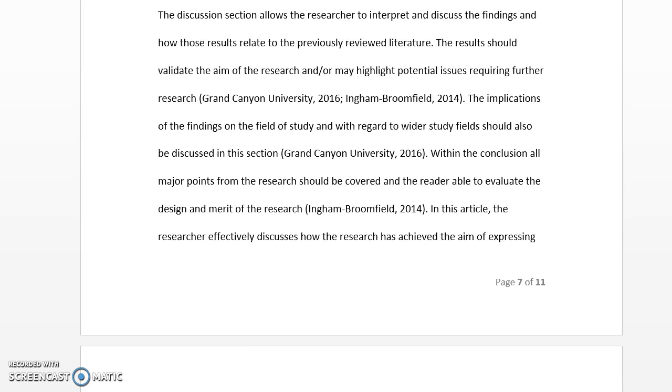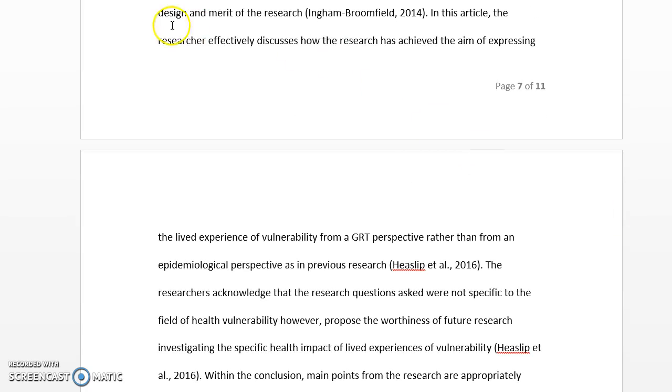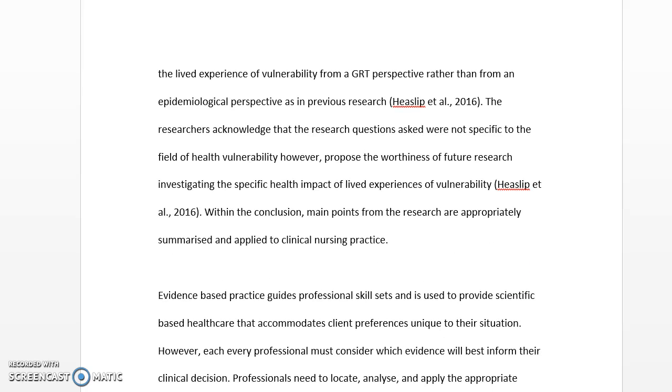So she then goes on to talk about the discussion. The article discusses how the researchers achieved the aim of expressing the lived experience of vulnerability. She then talks about how this is effectively a limitation that she's saying here.